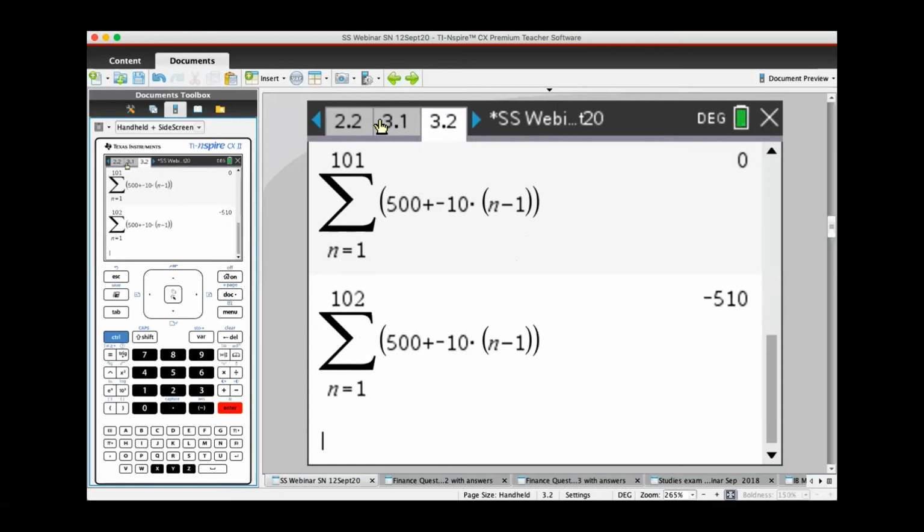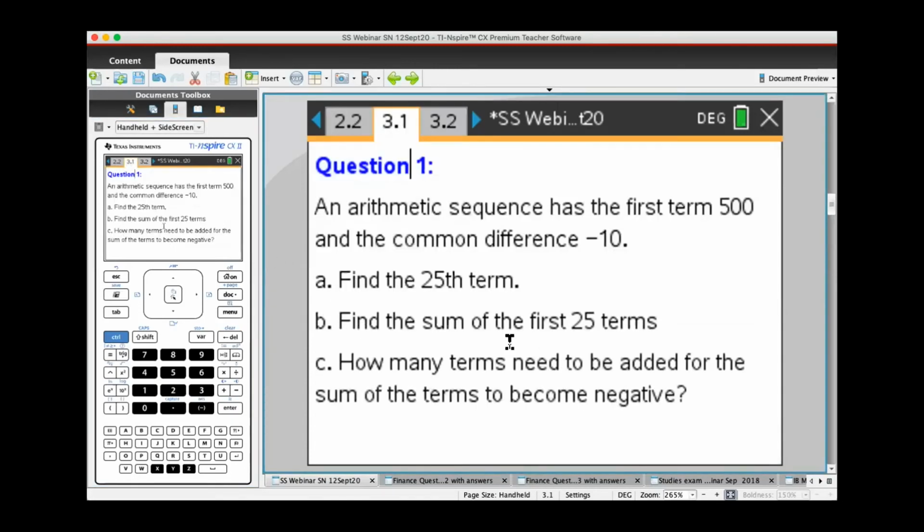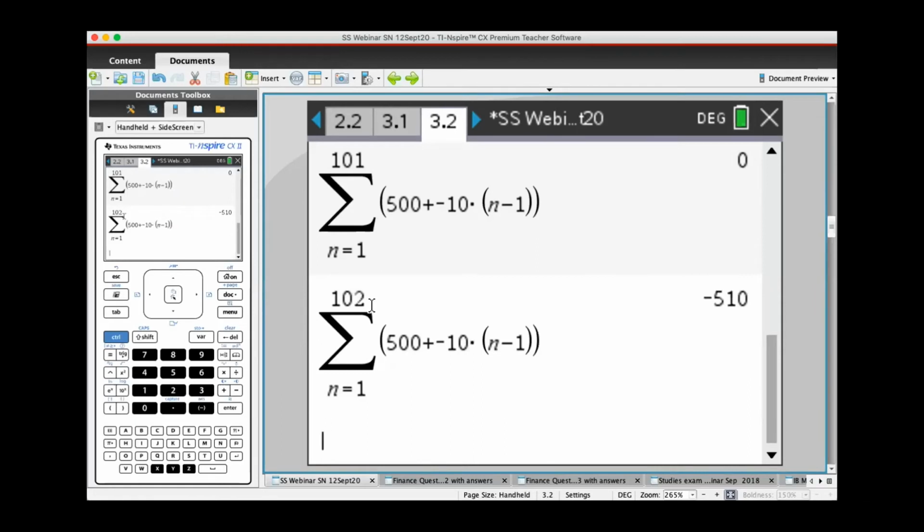Let's go back to the question: how many terms need to be added for the sum of the terms to become negative? The answer is 102. I showed you the same thing in several different ways.